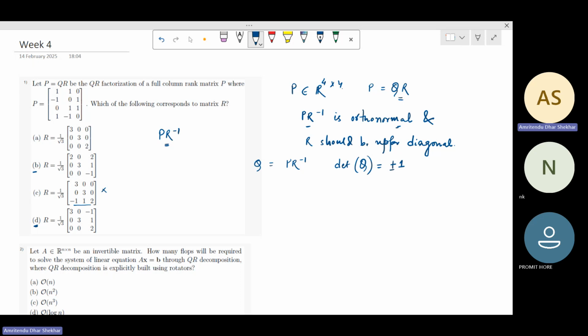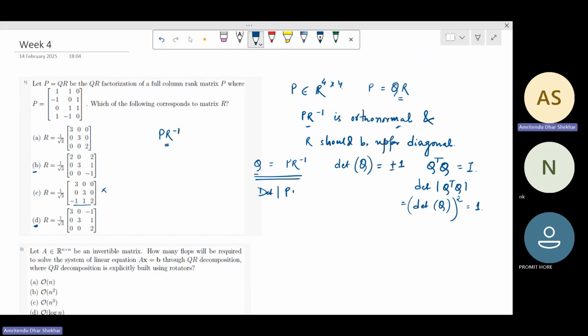This follows from the fact that Q transpose Q is equal to I, and so the determinant of Q transpose Q, which is the determinant of Q squared, must be equal to 1, right? So as a sanity check, you can check the determinant.